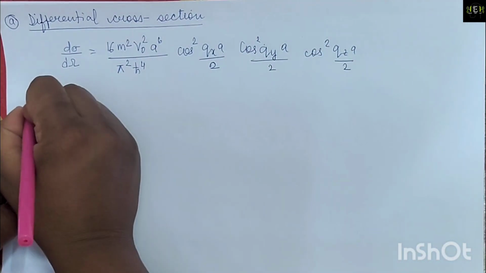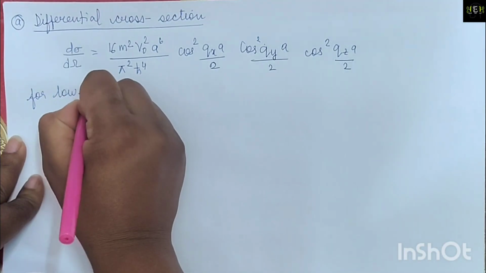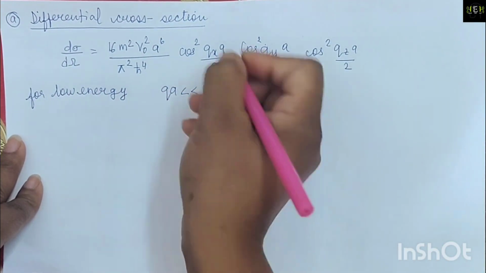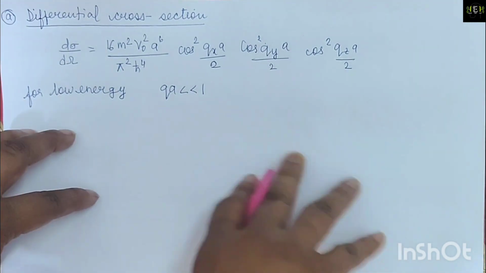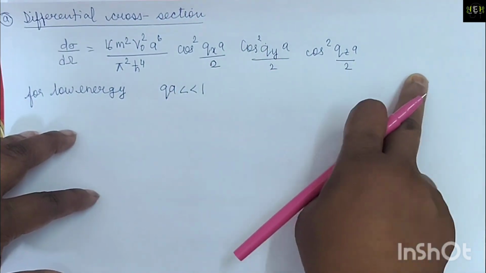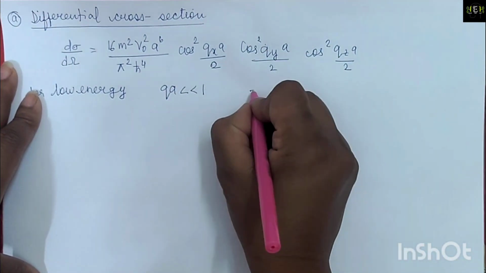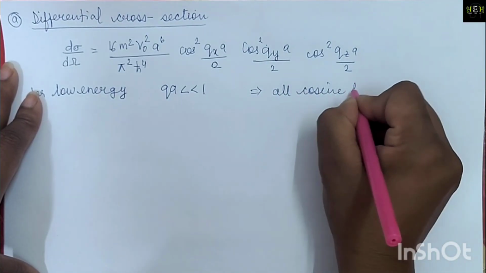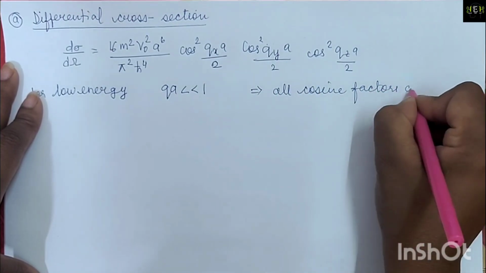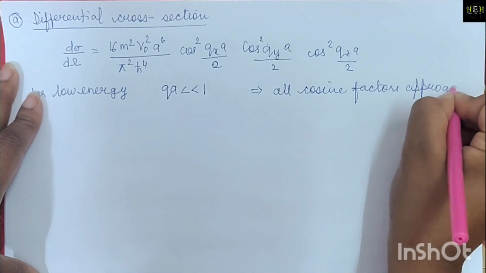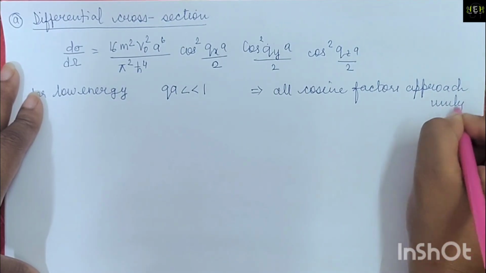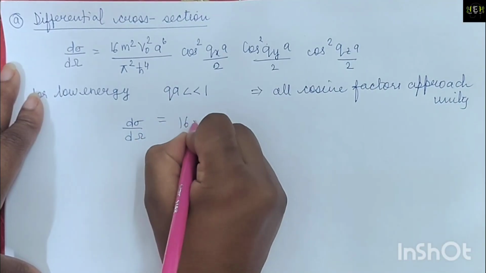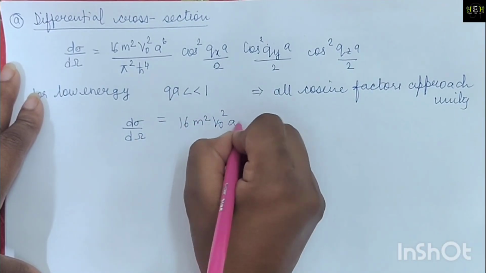Now for low energy, qa is less than 1, so all cosine factors approach unity. So d sigma by d omega is nothing but 16 m square V naught square a to the power 6 over pi square h cut to the power 4.